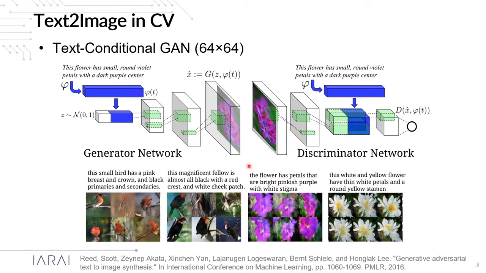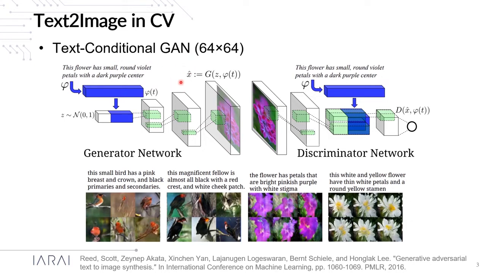Text-to-image generation is actually an interesting task which aims to synthesize realistic images based on the given text descriptions. In the early study of this research direction, researchers mainly focus on the GAN-based method. The first pioneer work is the text conditional GAN.